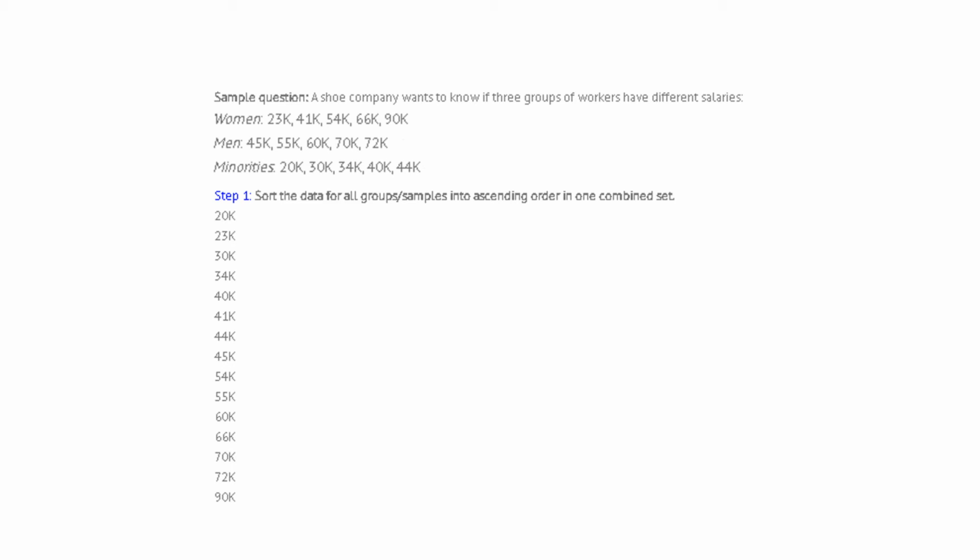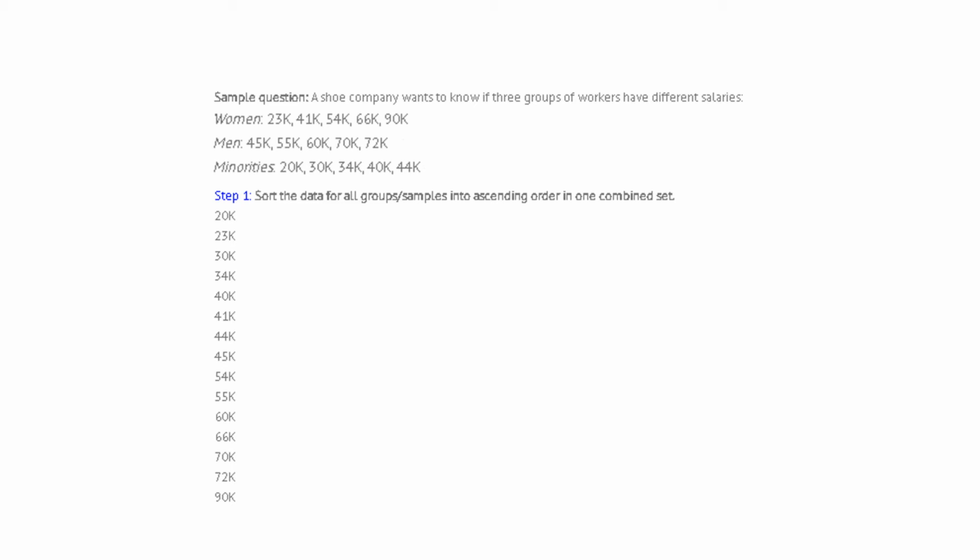Now look at the sample question. A shoe company wants to know if 3 groups of workers have different salaries. Are the salaries of the three different categories significantly different or not? Women, men and minorities are the three categories.